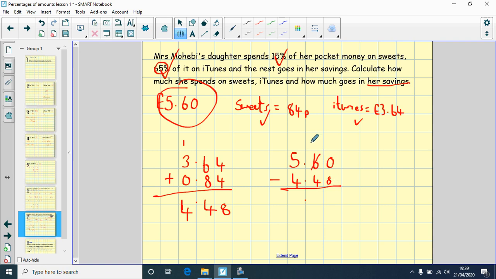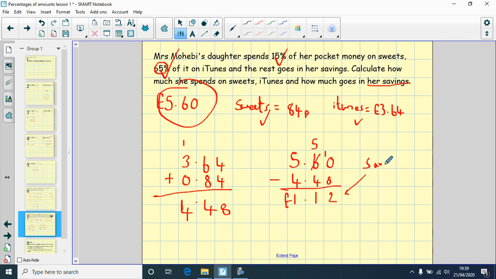So I'm going to take from this column, we'll take 10 pence, I'll make that now 50 pence, and we'll put that 10 pence there. So I've now got 10 pence take away 8 pence is 2 pence. 50 pence take away 40 pence is 10 pence. That's your 10 pences column, isn't it? Your tenths and your hundredths. And then you've got £5 take away £4 is £1. So what goes into her savings is £1.12, and that's into her savings there.